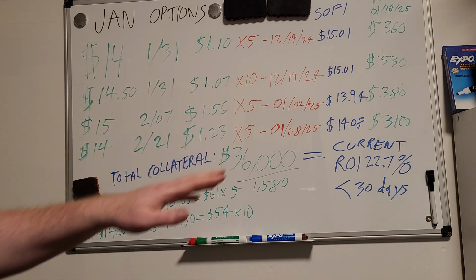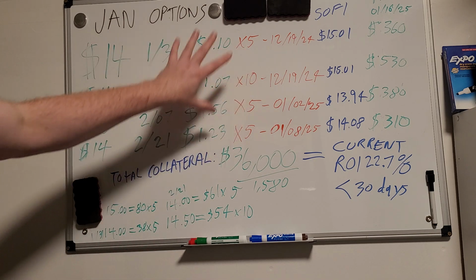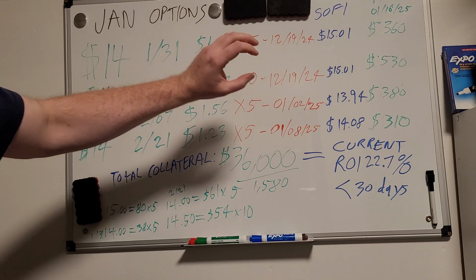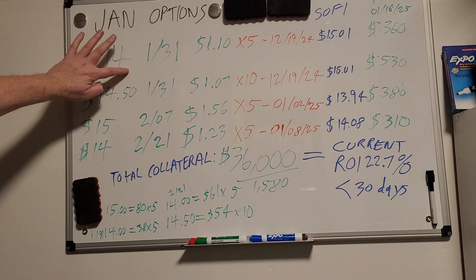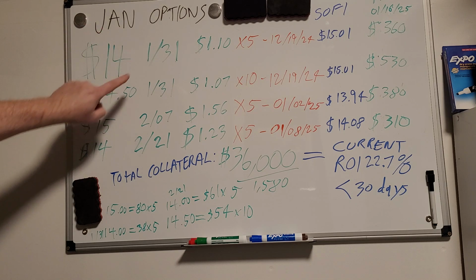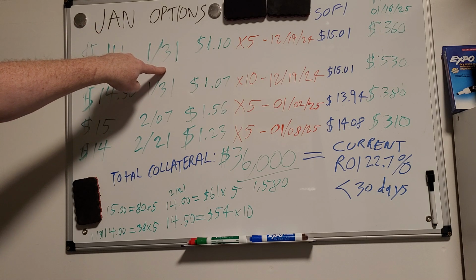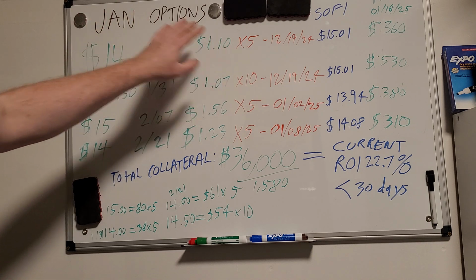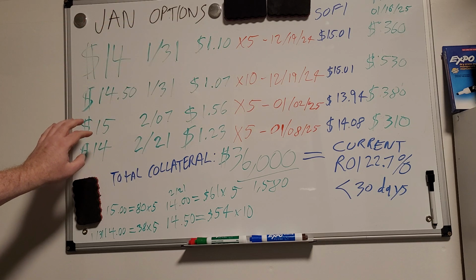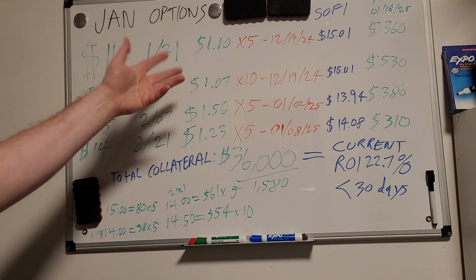What happens with these contracts is if the share price for SoFi is below these dollar amounts by this expiration date, then I am forced to buy 100 shares per contract for each of these contracts that are open.